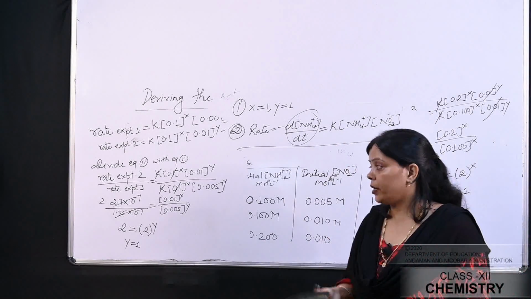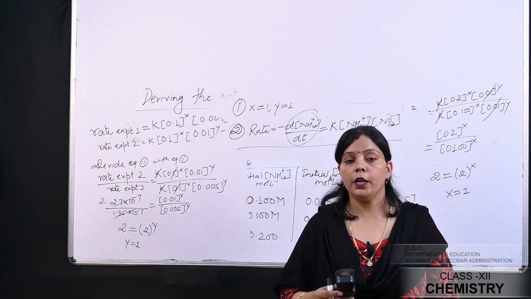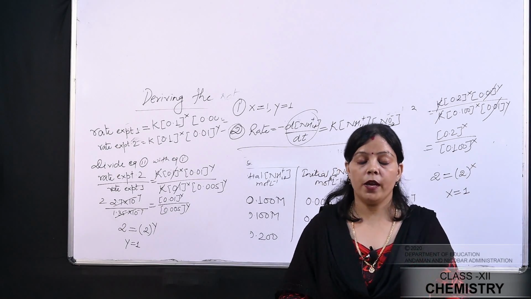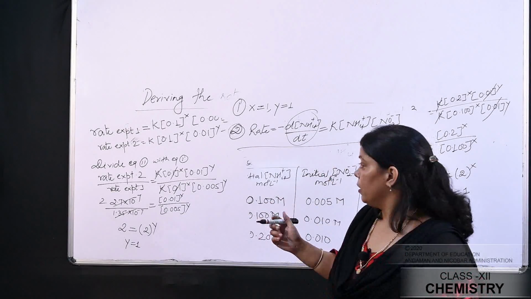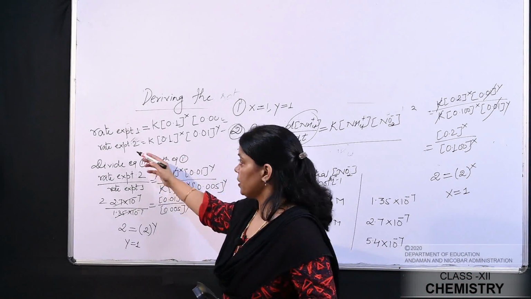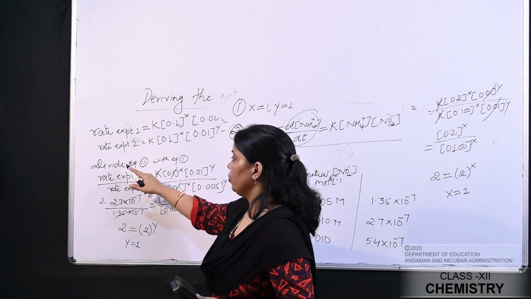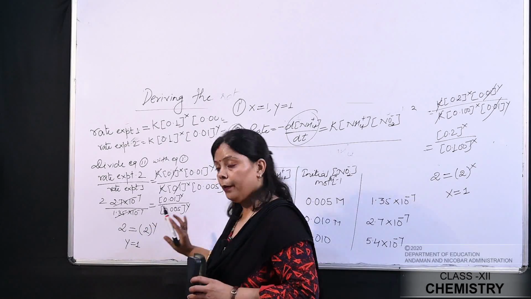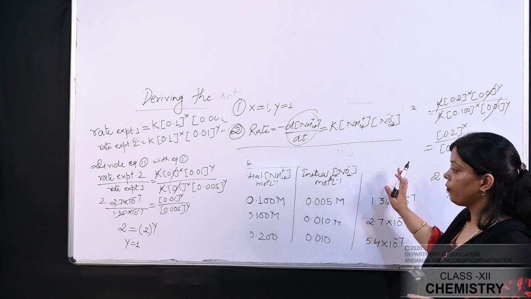The basic strategy to solve this is we first find 2 experiments in which the concentration of one of the reactants is changing whereas the concentration of the other reactant remains the same. First we select experiment 1 and experiment 2, divide experiment 2 by experiment 1, and then we get the value of y. Similarly the same process is adopted to calculate the value of x.